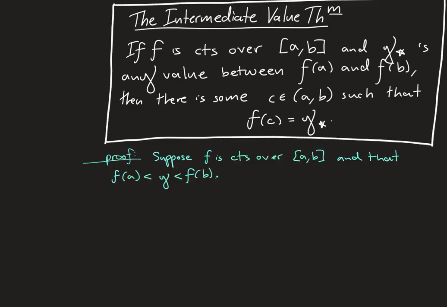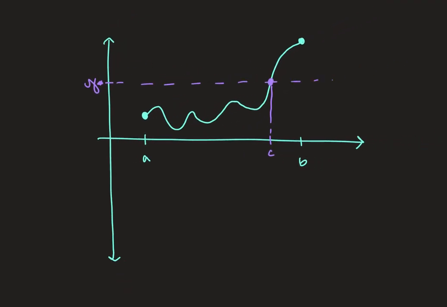What I'm going to do is make a new function, g of x, which is f of x minus this intermediate value. What this function does is shift f, so this would be f of x. I'm going to create g of x simply by taking this distance, y star, and shifting all of these values down by this distance.